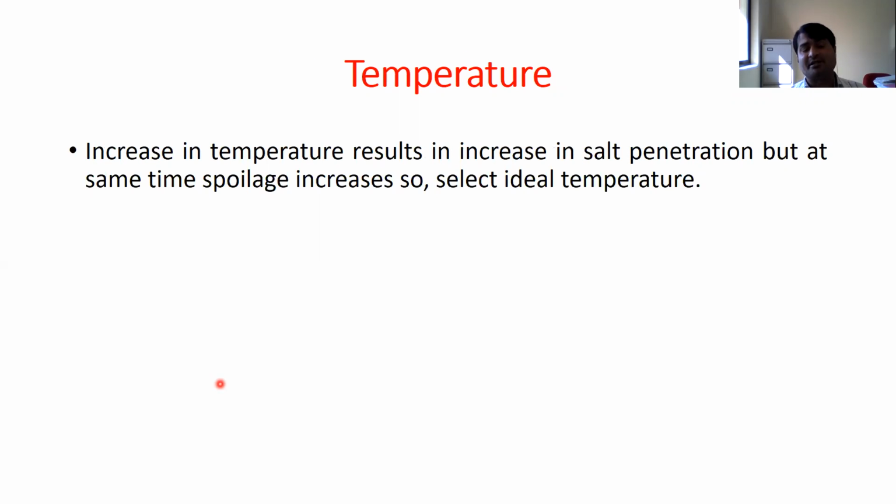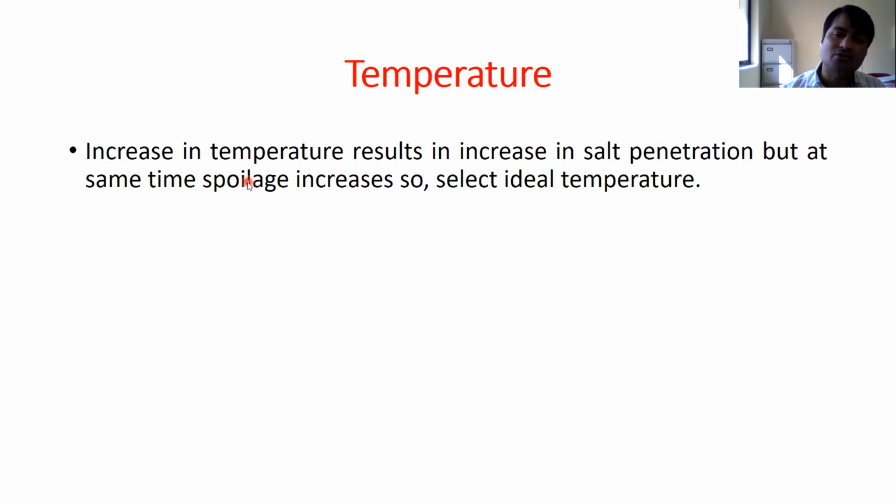Then temperature is another factor. If we are increasing the temperature, it may also increase the salt penetration. अगर हम सॉल्टिंग प्रोसेस कर रहे हैं मछली में और टेम्परेचर इंक्रीज किया तो सॉल्ट का पेनिट्रेशन फिश में बढ़ जाएगा. It may also increase the salt penetration into the fish, but again here we will face a problem of spoilage.